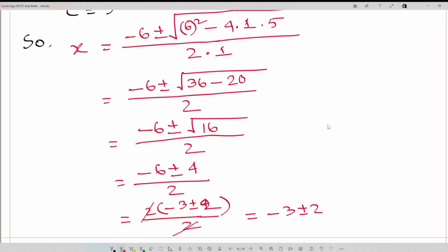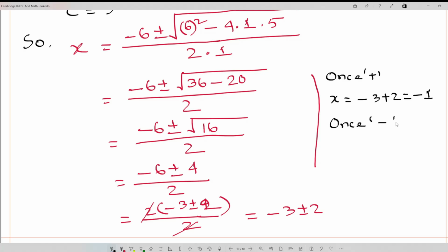So what will be the exact answer? Look, first we consider the positive one: x equals minus 3 plus 2, it means what? Minus 1. For the minus, it means negative, so x equals minus 3 minus 2 and the answer is minus 5.